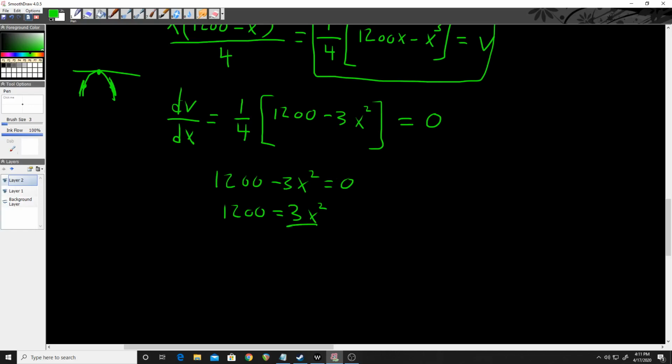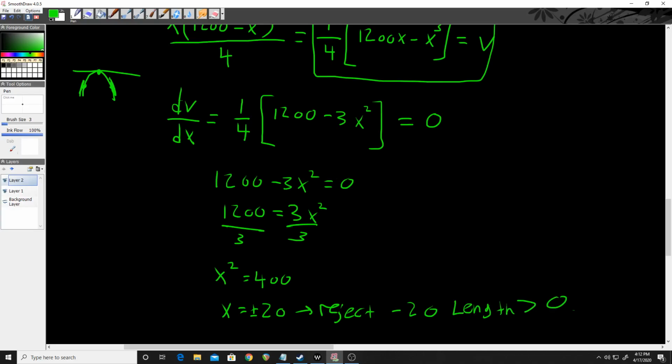Divide both sides by 3, and I get x squared equals 400. So x equals plus or minus 20. We're going to reject the negative 20 because it's an impossible length. Length is strictly positive. So then x equals 20.